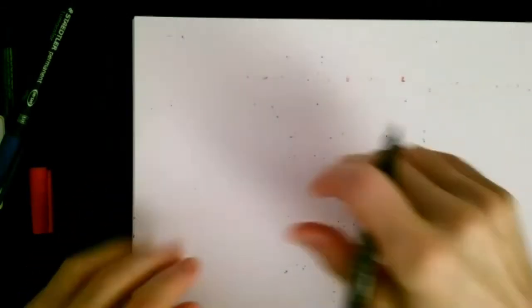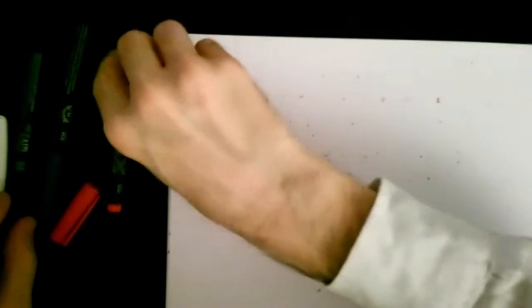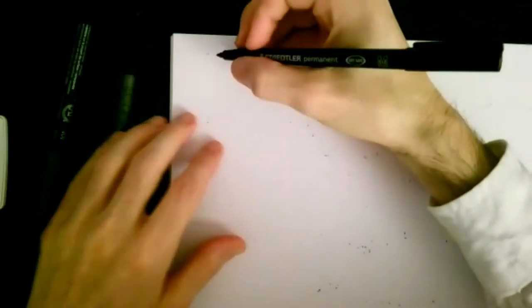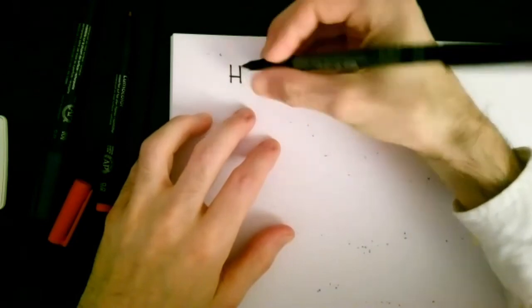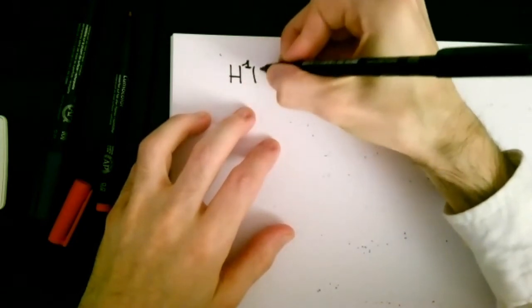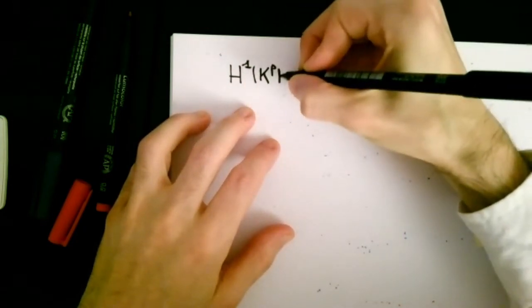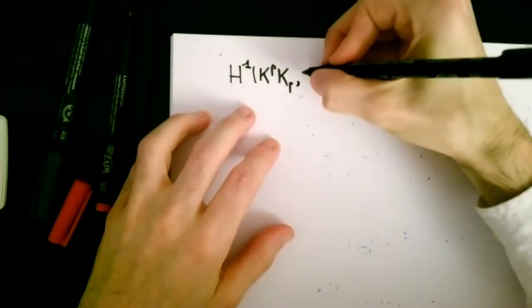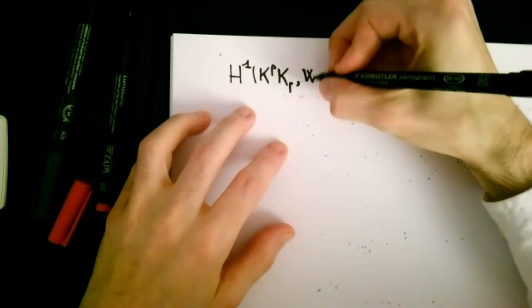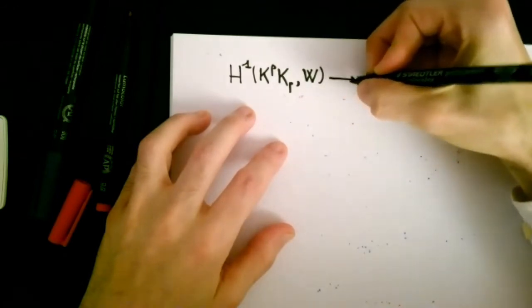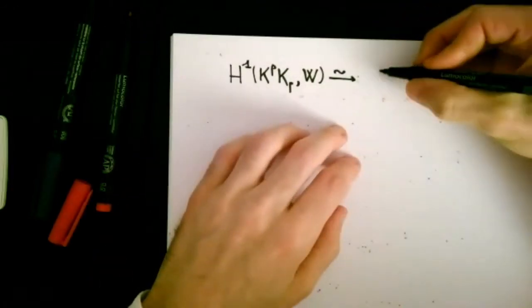So you remember that by the comparison theorem, we have that the H1 of K upper P, K lower P, with coefficients in W, is isomorphic to a certain direct sum.